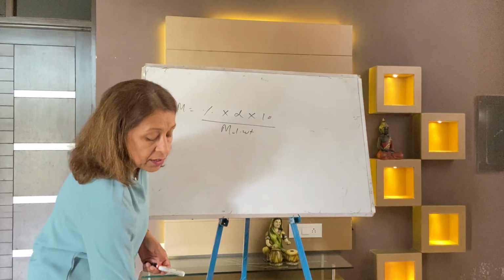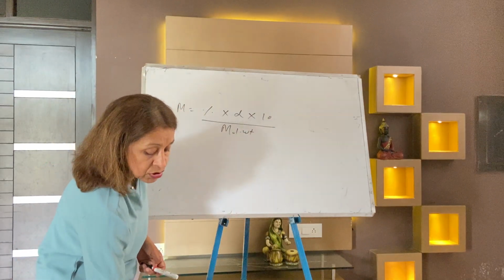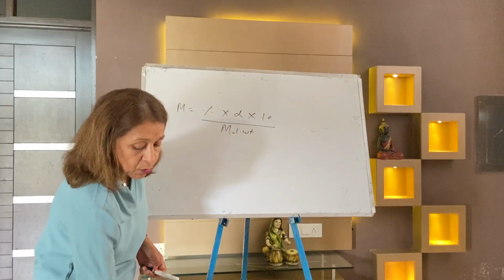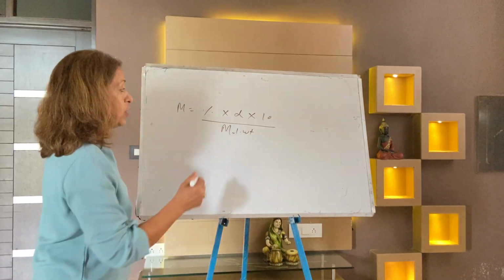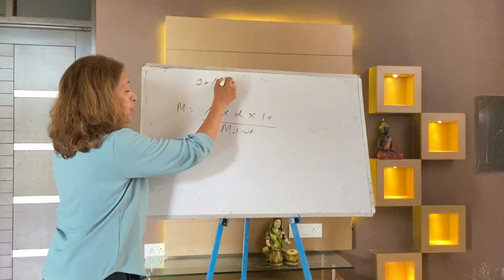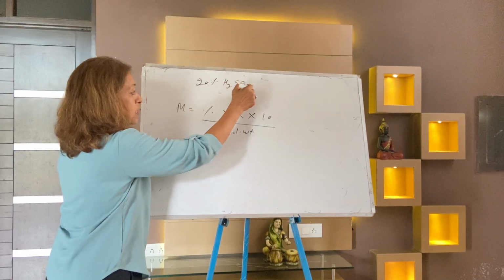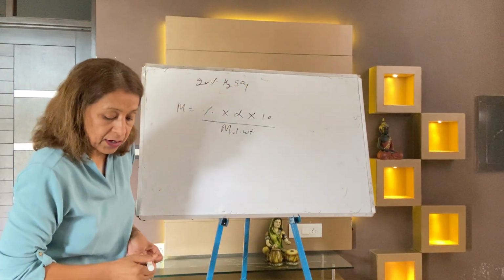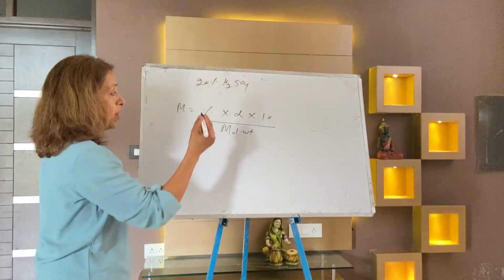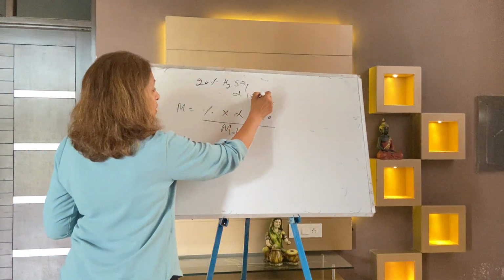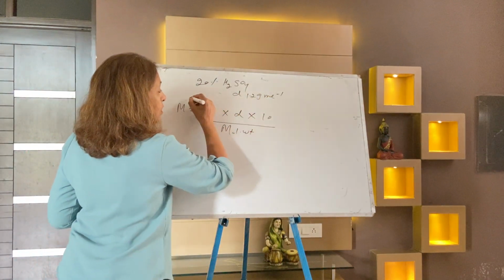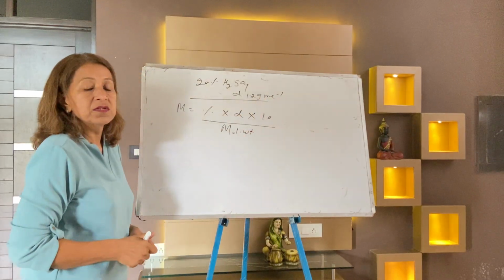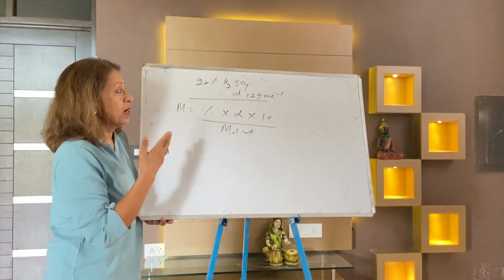Write down the question: find the molarity of 20% sulfuric acid, and the density of the solution is 1.2 gram per ml. In CBSE syllabus we have covered this chapter.